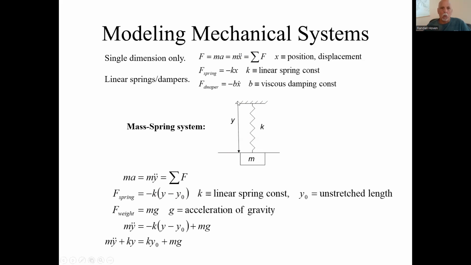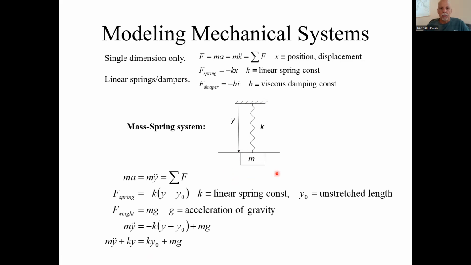If we define y as positive down, the spring is going to want to pull up. The more you move down, the more you stretch the spring, it's going to want to move up. So the force is opposite the displacement, how big y is.